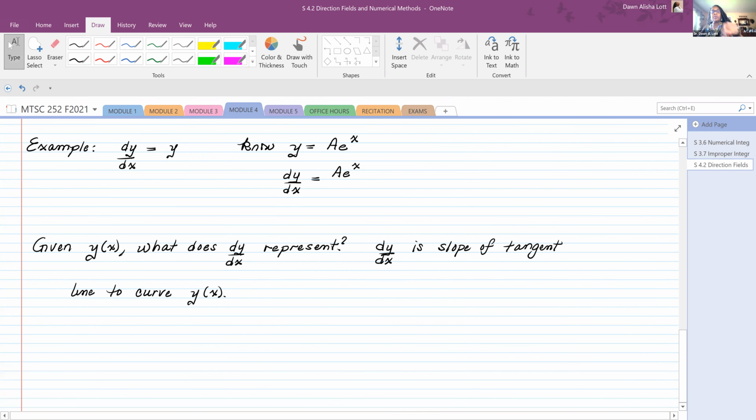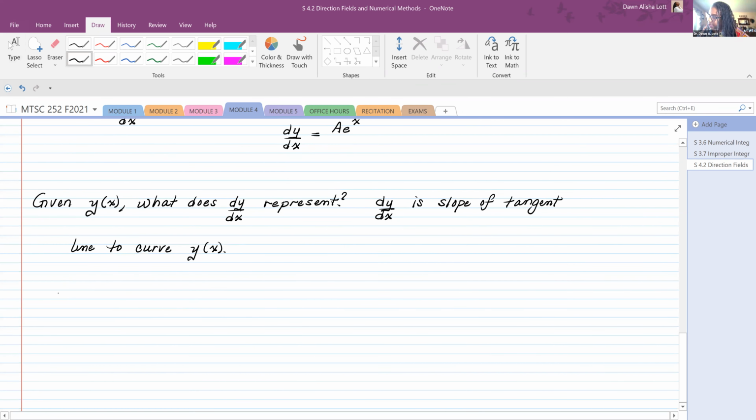So now look at what we're telling you. When I give you dy dx is equal to y, I am telling you that the slope of the function is always equal to whatever y is. Okay, so dy dx equal to f of x, y says that the slope of the solution y of x is equal to the function f at x, y at each point.